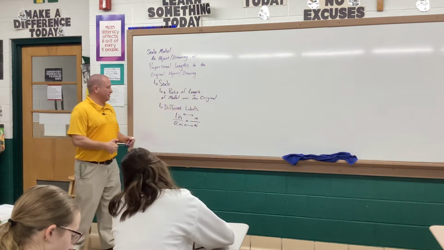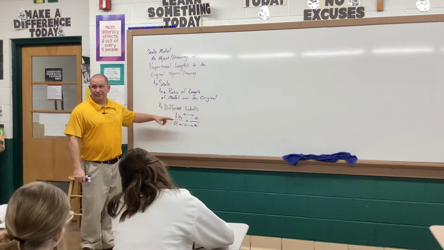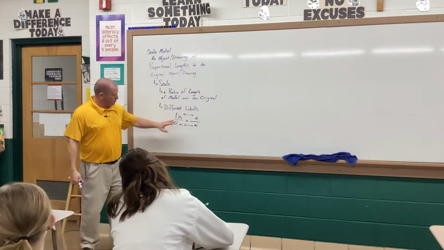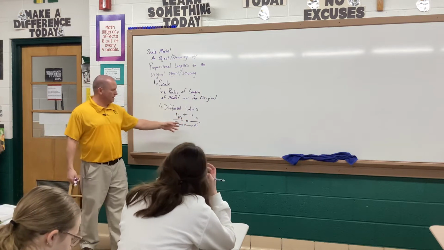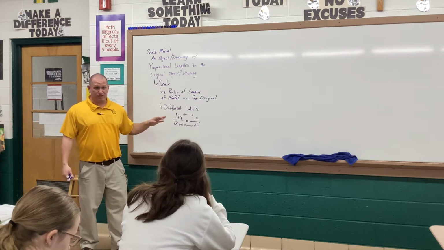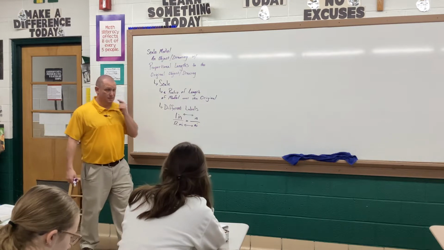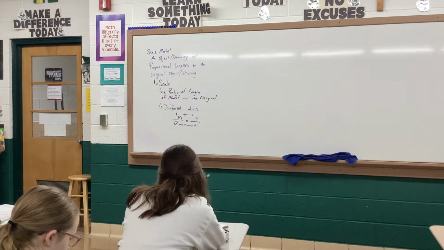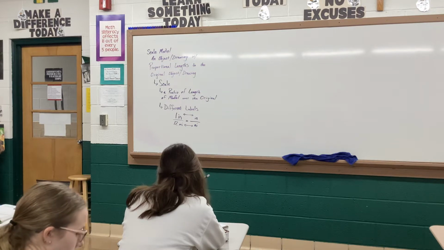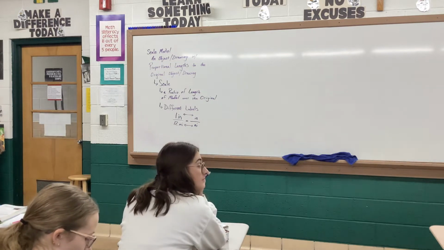So realistically, you could take this rate and flip it upside down if you wanted to, but then the other one's got to flip upside down. You don't want your labels to cancel out in this one, all right? That's really important. Okay, so we're just going to set up a proportion. Once we have a proportion, we get what we want.